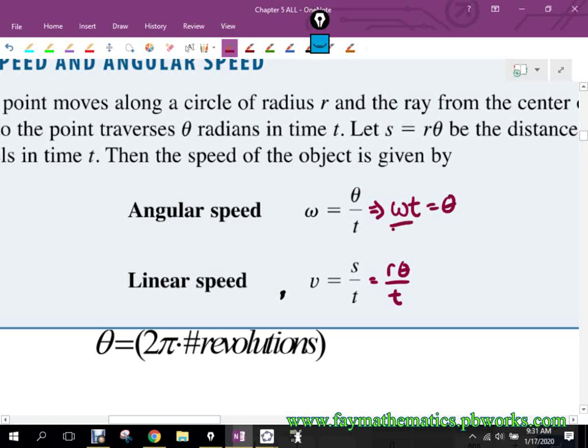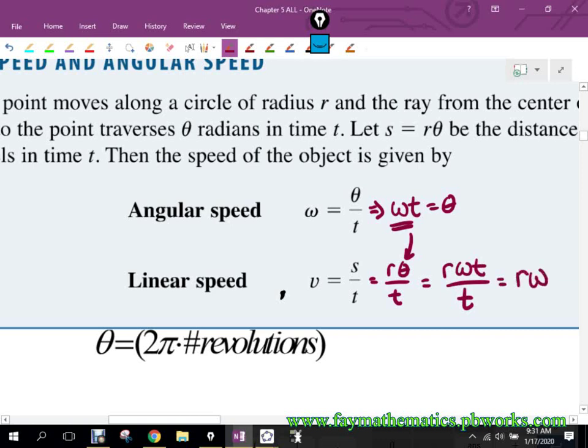Can I plug that in for that theta? Yes. So I get R times omega times t over t. The t's cancel out, and I get R times omega.